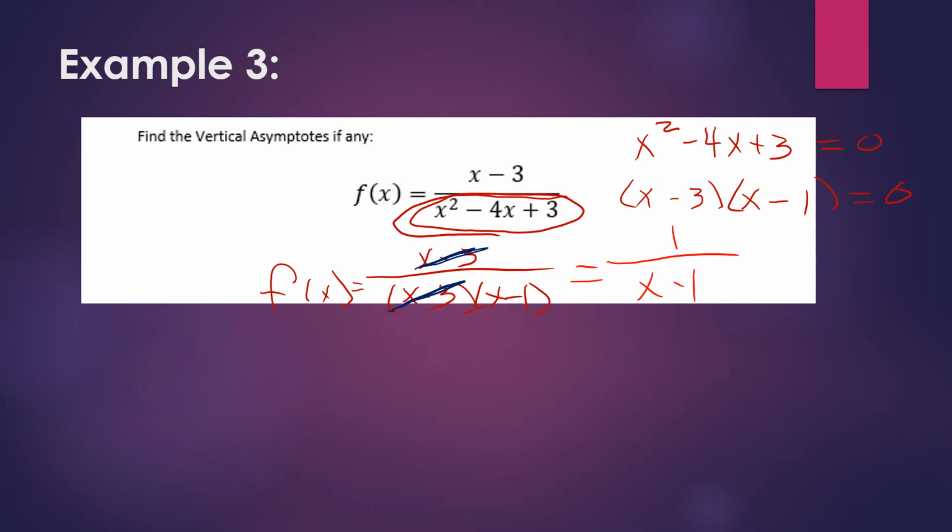Well, that is going to be x equals 1. So x equals 1 is the number I'm going to be looking at. If I plug in 1, I should get f of 1. This should give me 1 over 0. And 1 is not 0, so this is a non-zero divided by 0, meaning I have a vertical asymptote here.